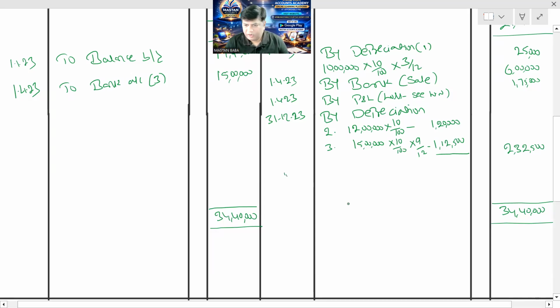So calculating, you'll get the balance carried down after deducting all the credit balances from the debit balances: 24 lakh 7,500, right? 24 lakh 7,500. You can recheck it.